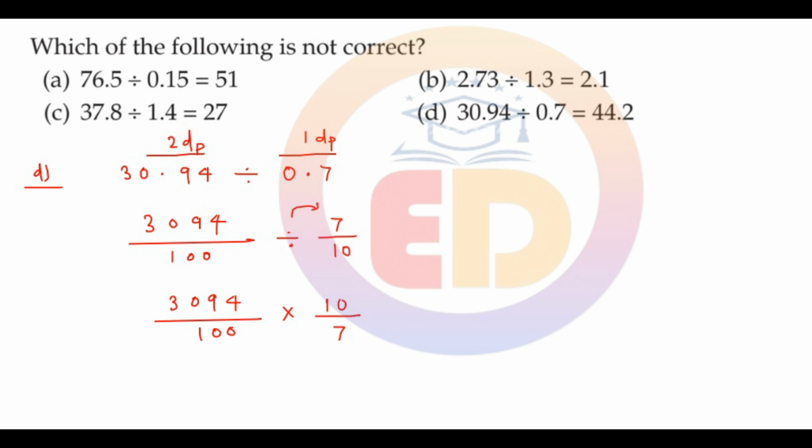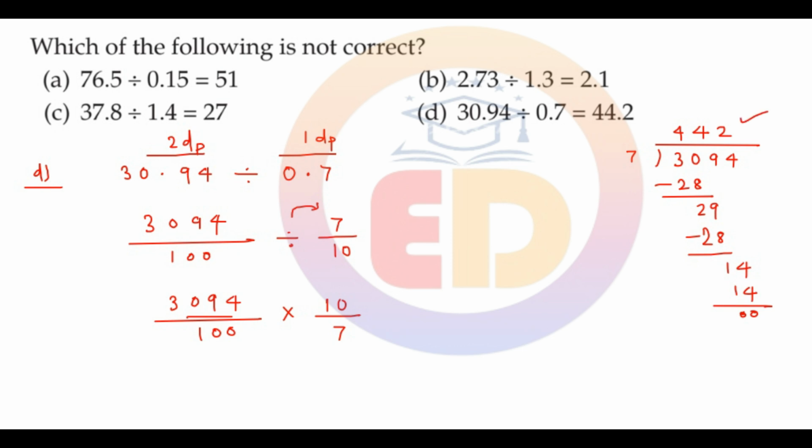Now let's divide 3094 by 7. 7 fours are 28. Subtract, I get 2. Take the 9 down. 7 fours are 28. Subtraction will give me 1. Take the 4 down. 7 twos are 14. Division is complete. Quotient is 442.